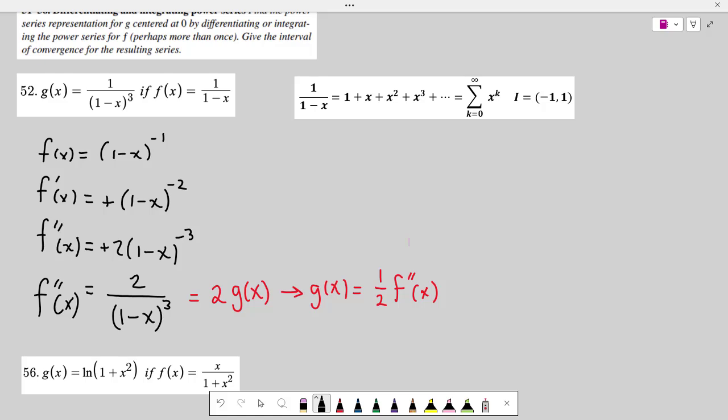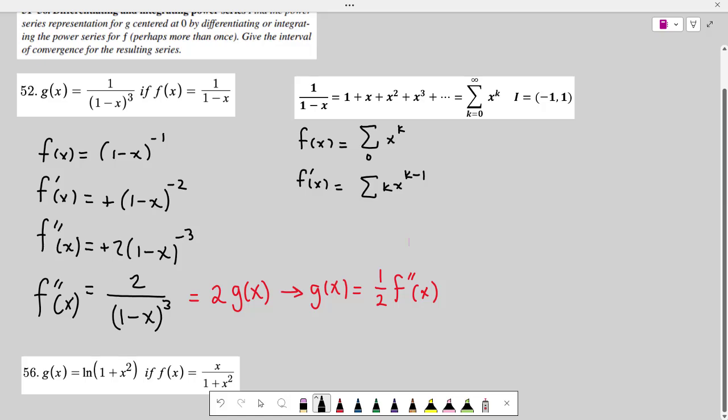So now we're going to do it in summation form. So f of x is this summation from 0 to infinity right there. For f prime of x, all we do is take the derivative using the power rule. Now, first subtlety here with the derivative.